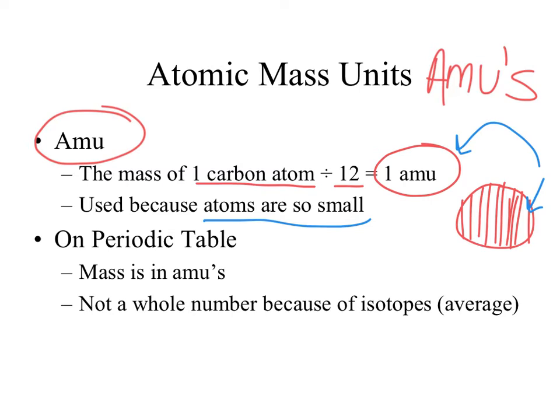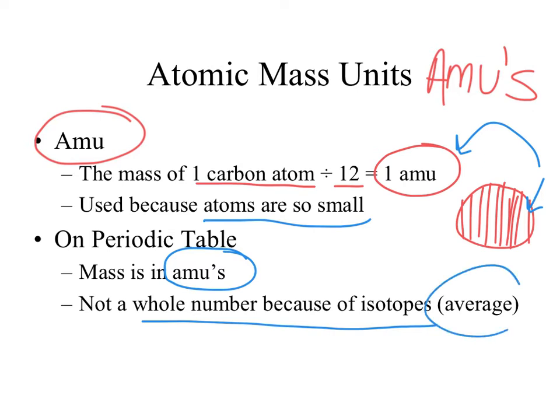So when you look on the periodic table, that mass is in AMUs, atomic mass units. Now, we use grams sometimes because we're going to learn how to easily convert those numbers on the periodic table. But for now, they're in AMUs. And notice too that on the periodic table, a lot of those masses are not whole numbers. The reason for that, remember, is they're an average of the different isotopes.